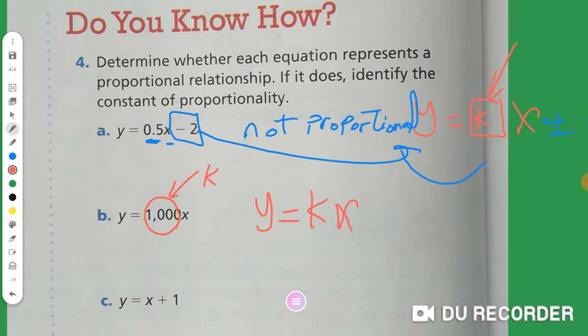So this is a proportional relation. What about the last one? y equals something multiplied by x plus 1. But as I told you, I must have a number multiplied by x only, without plus or minus, so it's not proportional.